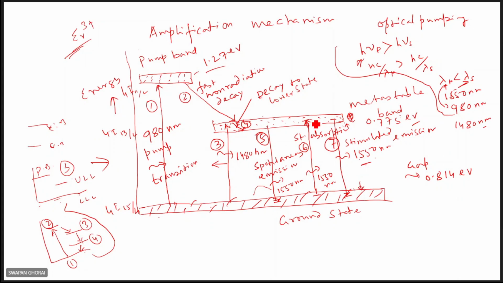You see, these are not sharp levels. Some band is here. So it is the top of the ground state and the bottom of the metastable state. Metastable means states having larger lifetimes. So this is 0.77 electron volt, right? That is the band gap between these two, right?